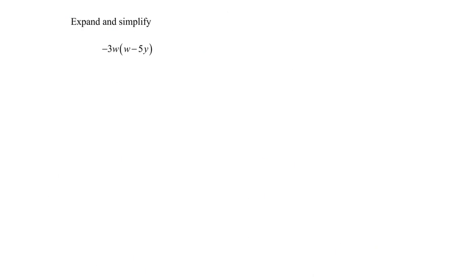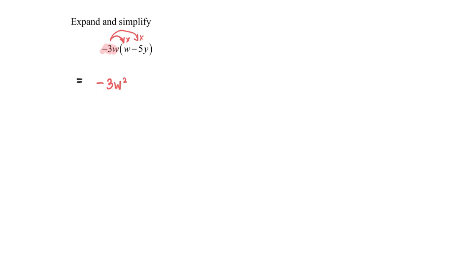Hello everyone, for this part of the question, we just need to expand and simplify. And every time we do that, do take note. We multiply in, and we saw that this is a negative 3w multiplying by a positive w. This will give me negative 3w squared.